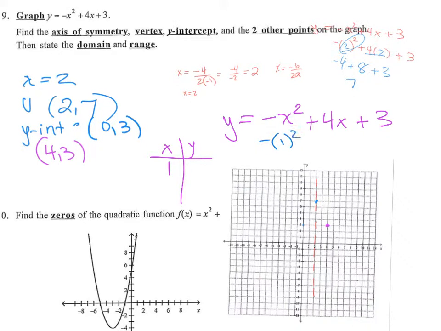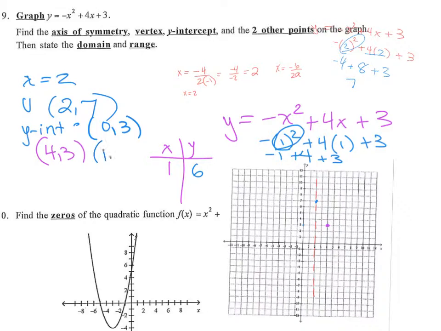Negative 1 squared plus 4 times 1 plus 3. Well, 1 squared is 1. Negative 1 plus 4 times 1 is 4. Negative 1 plus 4 is 3. And 3 plus 3 is 6. When x is 1, y is 6.